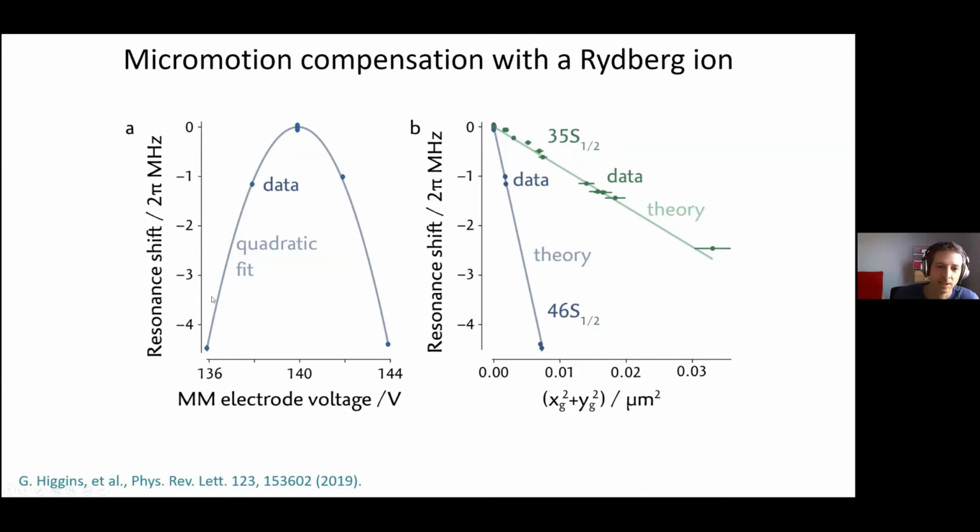If you now measure the resonance frequency of your Rydberg excitation, then due to this polarizability, the Stark effect, depending on what micromotion voltage you apply, will shift your energy level on top of that. So this is actually a micromotion effect of your Rydberg ion, which shifts the energy levels.